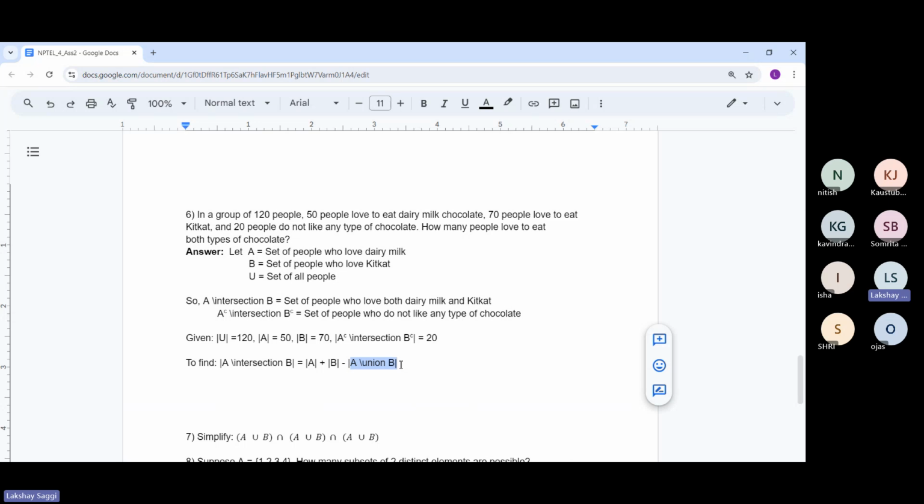Note that by De Morgan's formula, although we don't know this value, I'm claiming that we know its complement's value. I hope everyone knows what De Morgan's formula is. So what I can claim is that the cardinality of A union B can be replaced using the cardinality of A union B complement.